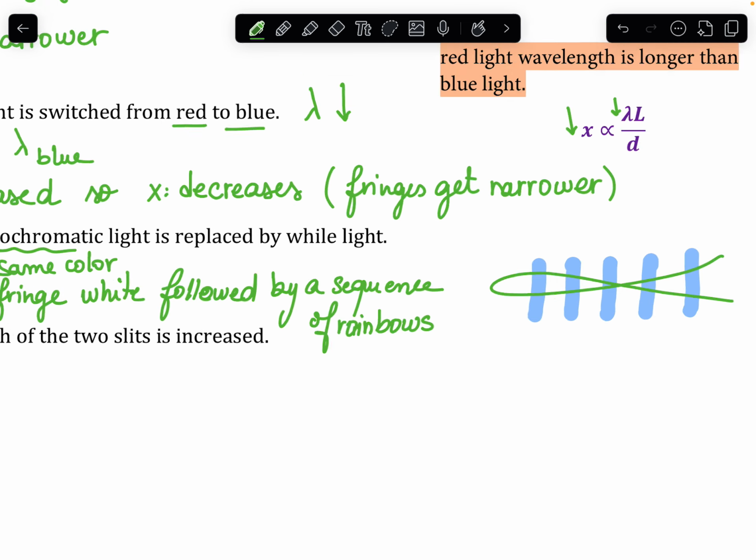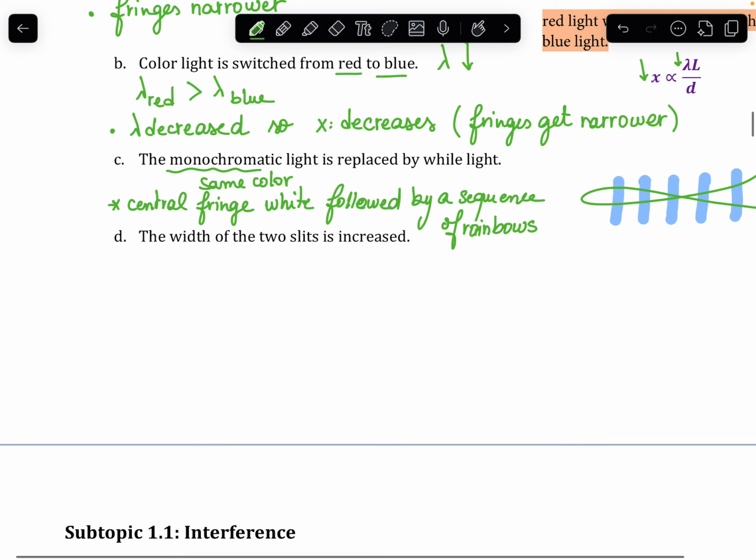Finally, D, if the width of the two slits is increased. Now I know that x has to do with lambda, the wavelength, the distance from the slits to the screen, and the distance between the slits. But it has nothing to do with the width of the two slits. So only more light will pass.